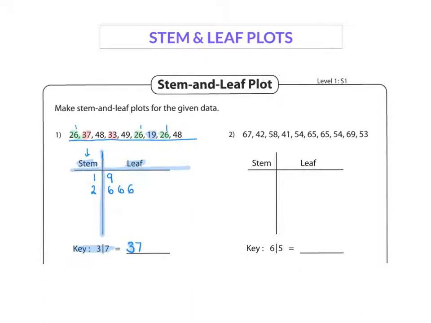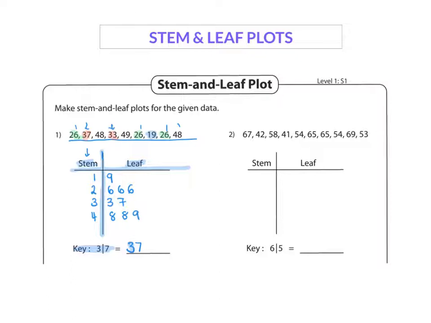So I'm going to write the stem of 3. Now I have to put the smallest first, which is 3, so the leaf of 3, then the leaf of 7. Okay, and then I'm going to do the 40s. And if you look there, I've got two 48s and one 49.